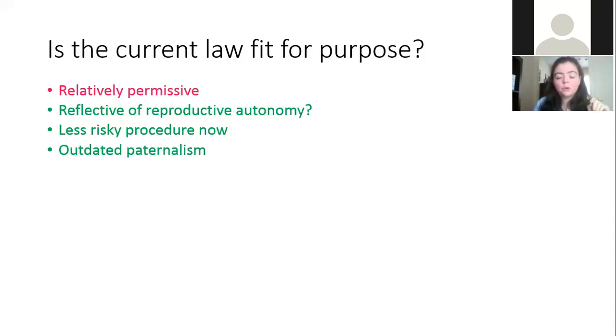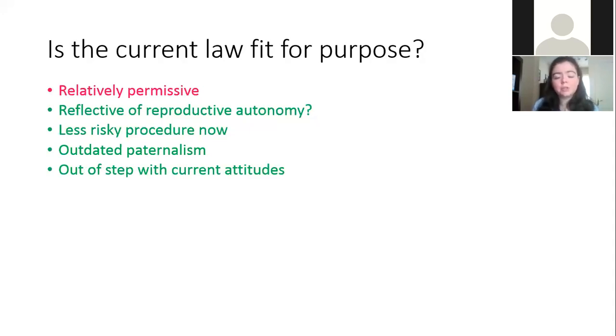This 2-doctor requirement is outdated paternalism. We've shifted from paternalism, where the medical profession tells you this is what's wrong with you, this is what we're going to do, to more patient-focused care, where consent is a big thing, joint decision-making is a big thing. This does not fit with that model of healthcare at all.